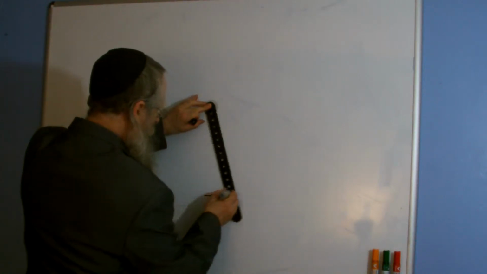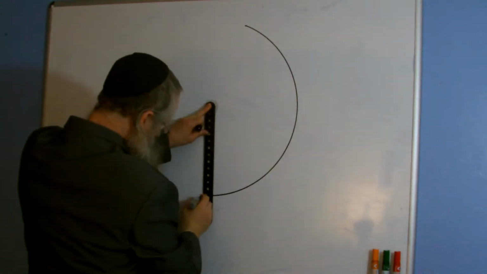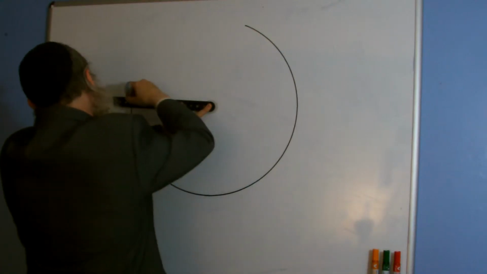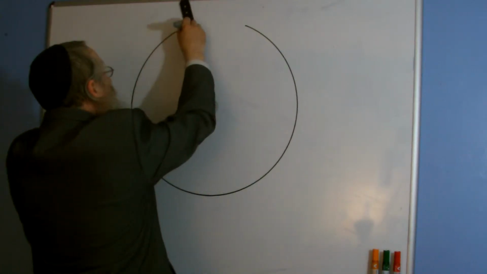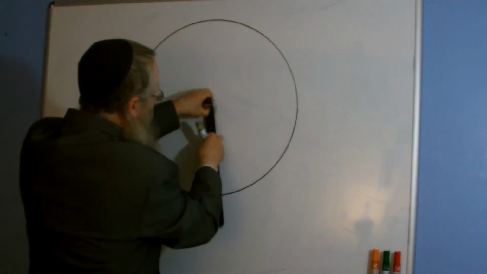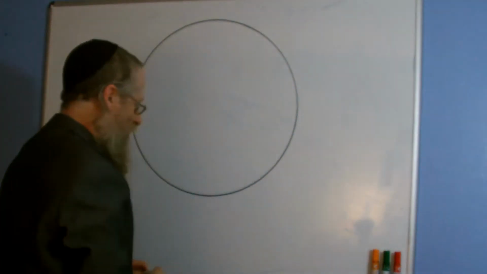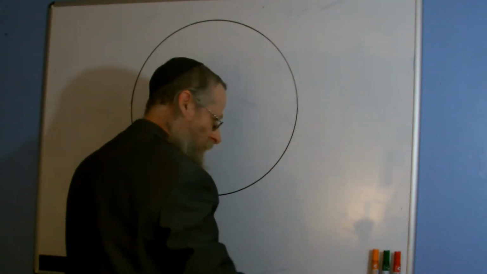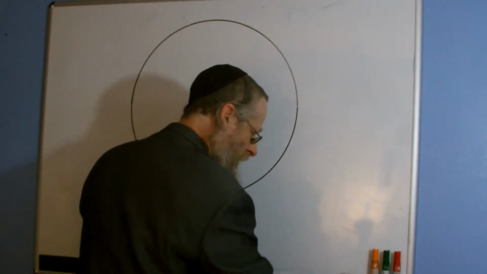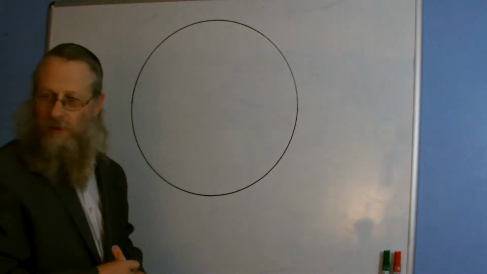There. Fantastic. So we have a circle. And we're going to write the word circle around that circle. I shall try a different colour.